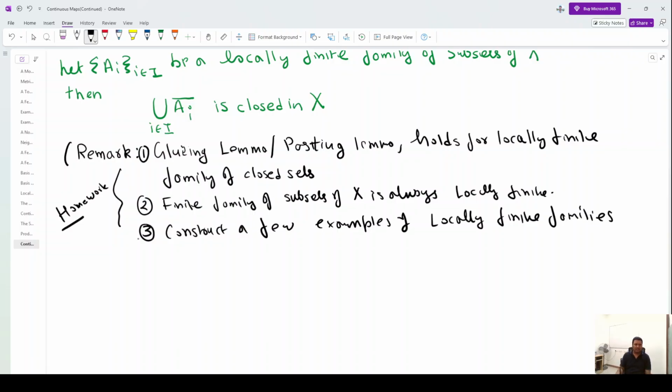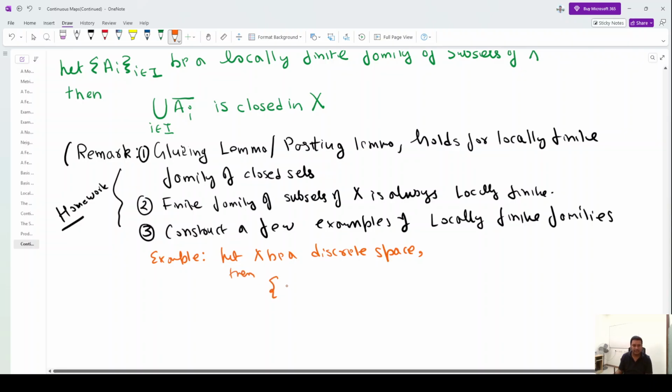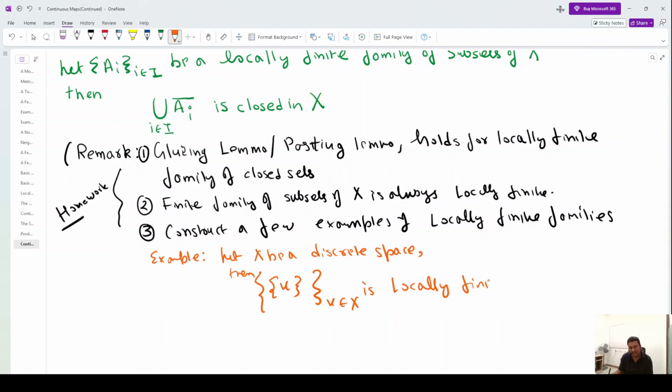Okay, one I can give you. It's sort of obvious, but yeah. So, for example, let X be a discrete space, meaning every set is open. Then we just consider this family of singletons {x}, x in X. This is locally finite.